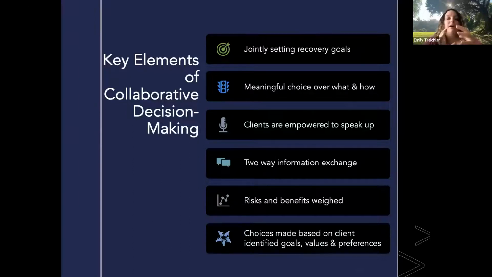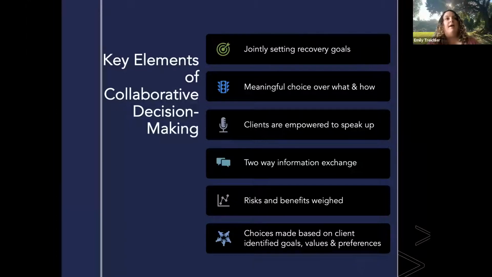And then ensuring that clients do have this meaningful choice over what and how, that they do have that seat at the table. So how the decision is going to be made and what the decision would be. Part of our role there, I'm going to talk more about this, is to empower clients to speak up. Some clients are really good at speaking up already. We don't have to worry as much about them, but other clients have a lot of difficulty with that.